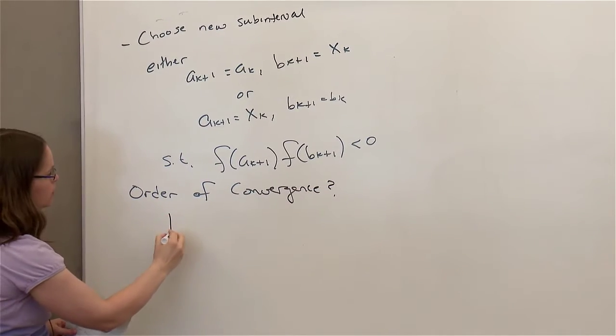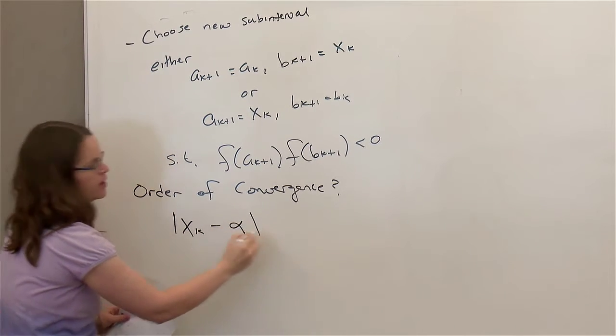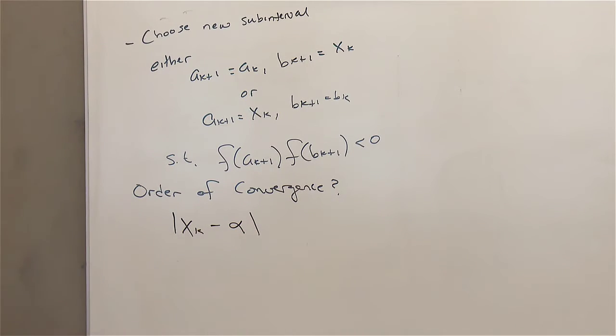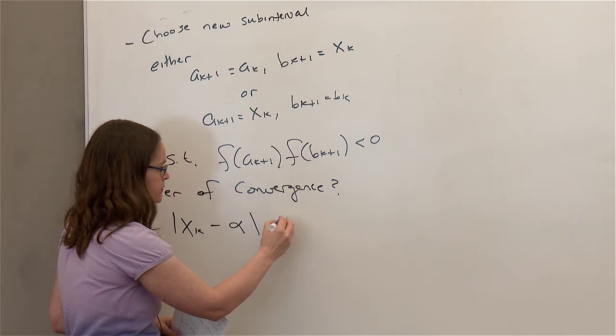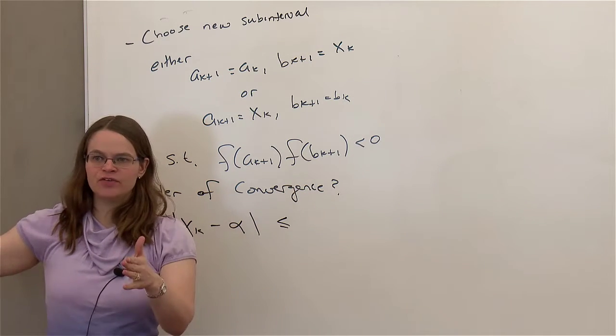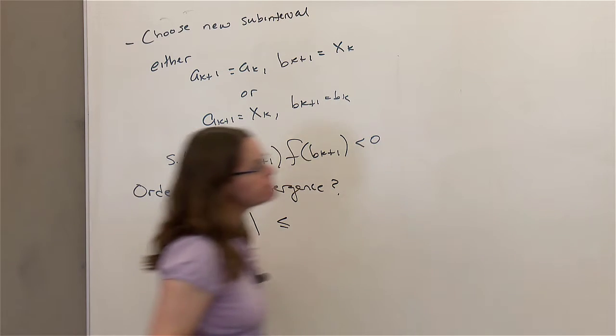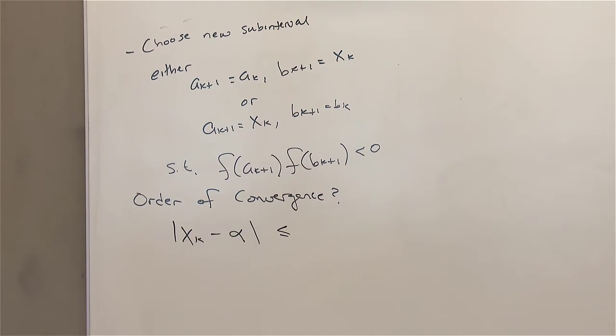Okay, so we know this. If xk is our guess at the root, and we want to compare it to alpha, we said we have an error bound. The error bound is always the width of this interval. And the size of the interval gets cut in half every time, right? So when k was 0, it was (b0 minus a0) over 2.